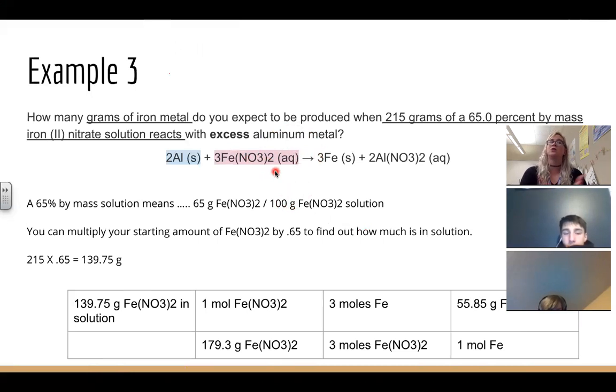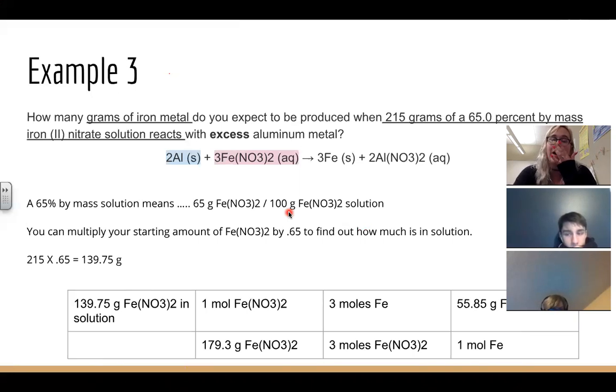It means it's dissolved in water. So if you're saying 65% by mass, what that means is that you scooped out 65 grams of iron(II) nitrate, dumped it in some water, stirred it up. And not just some water, but you dumped it in 100 grams of solution, right?